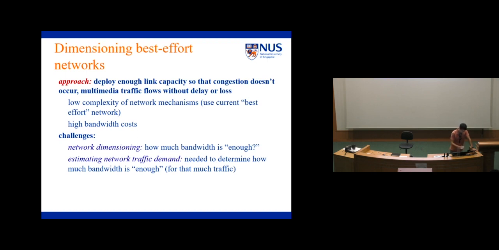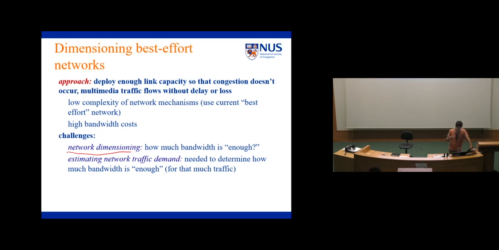So this problem is called network dimensioning and provisioning. It's the design problem of how to build the network topology, that is, where do you place routers, switches, and the links connecting them, how to connect them, and what capacity to assign to each link to achieve sufficient quality of service for all users.